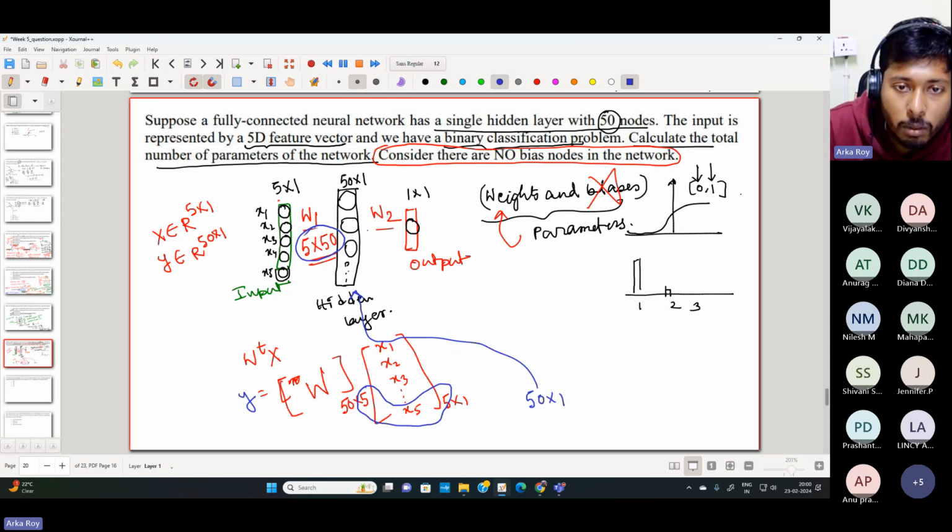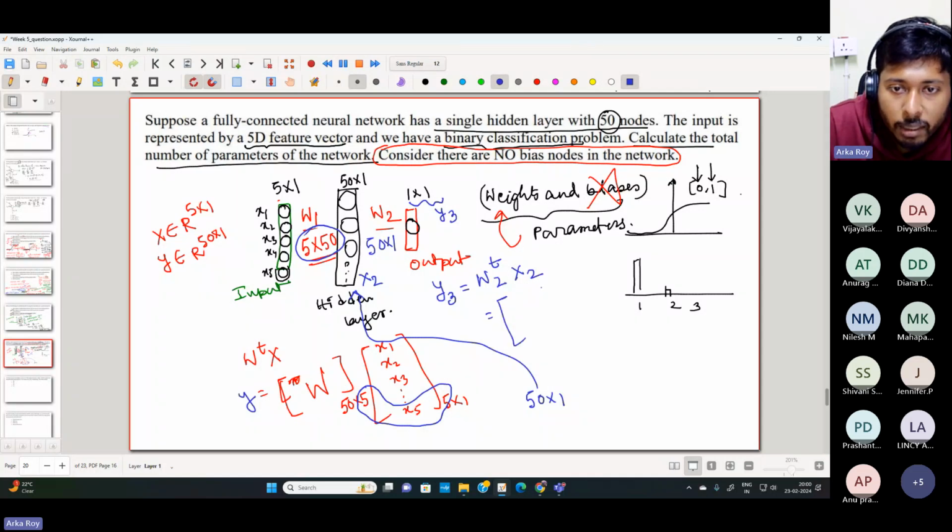Similarly, for the second case, W2 will have a shape of 50 cross 1. Again, let us check whether the output is of shape 1 cross 1. Let us consider the output is y3, and let's say this particular output of the hidden layer is x2. So y3 is W2 transpose into x2.